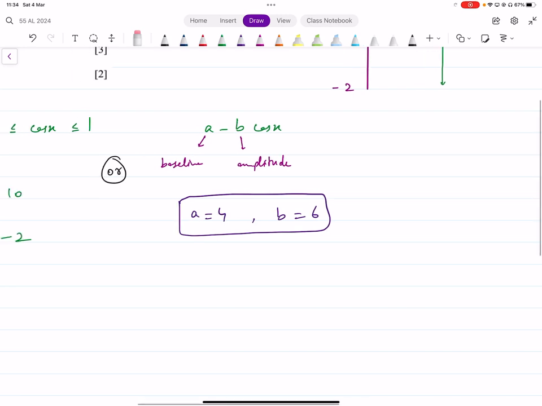Is this all right? Yes, Maniba. पहले आवाज नहीं आ रही.